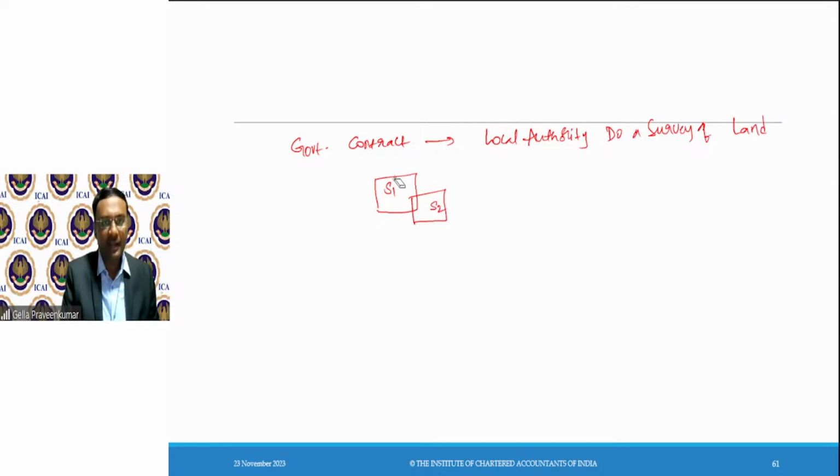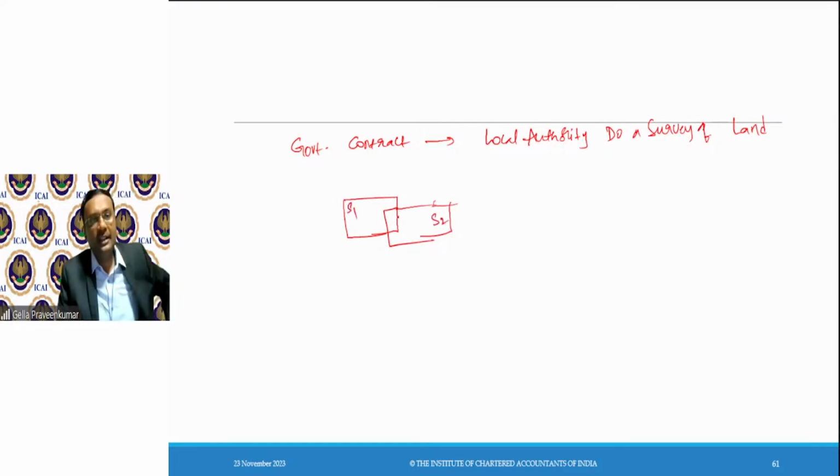Let me enlarge this so that it will be easy. There is an intersection where, when I travel from here, I have to travel through state 2, then again come back to state 1.